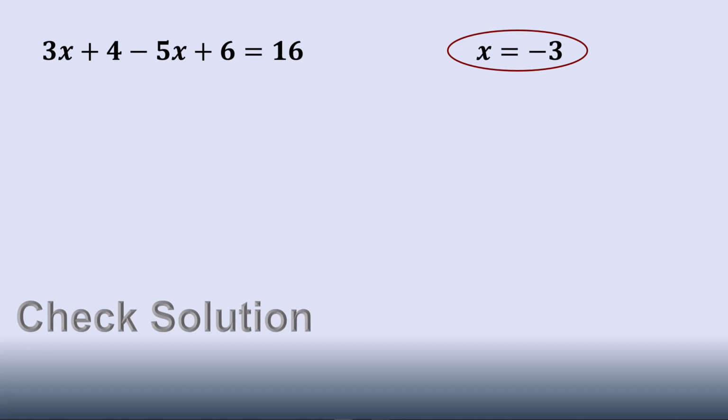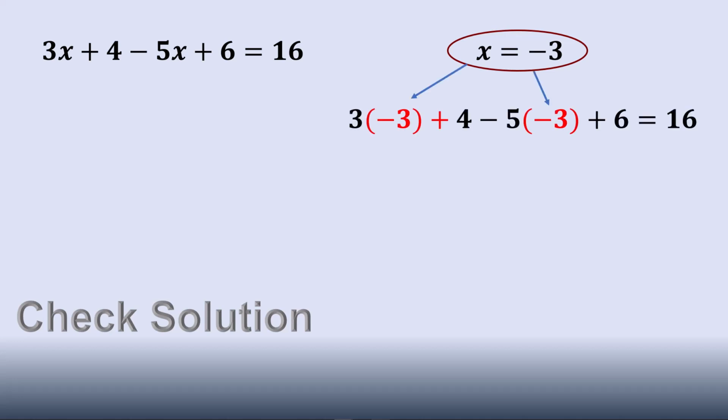To check the solution, we replace each instance of the x variable with negative 3. So now we have 3 times negative 3 plus 4 minus 5 times negative 3 plus 6 equals 16. Simplifying that, 3 times negative 3 makes negative 9. 5 times negative 3 makes negative 15.